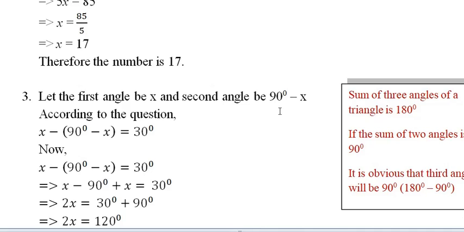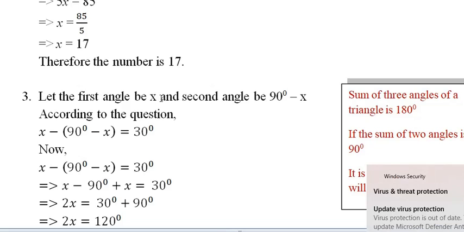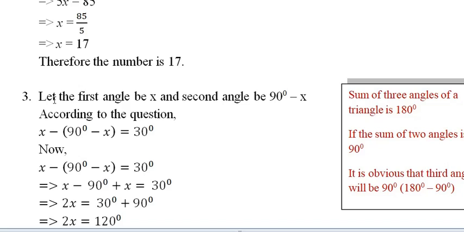So let the first angle be x. Sorry for this pop-up. Let the first angle be x and the second angle be 90 degrees minus x, because the sum of the two angles of a triangle is 90 degrees.